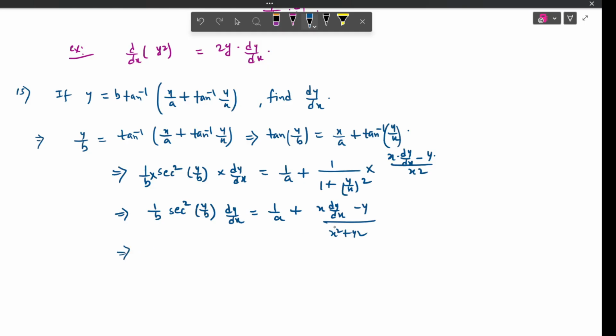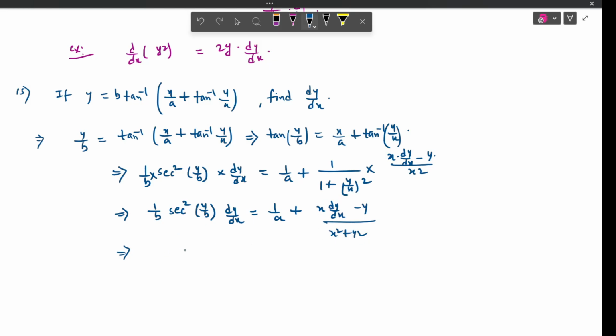So you take this whole term on the left hand side, and if you take dy by dx common, you will get x dy by dx by x square plus y square minus y by x square plus y square.